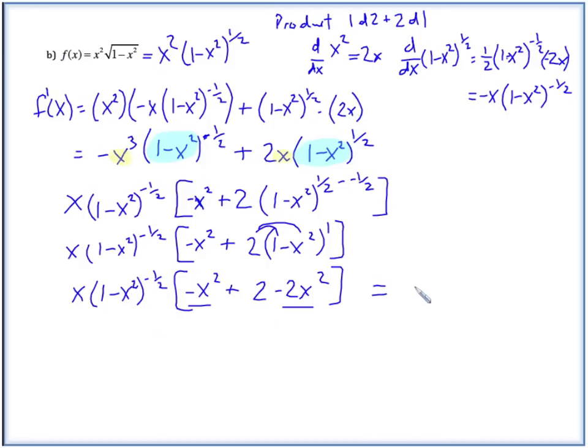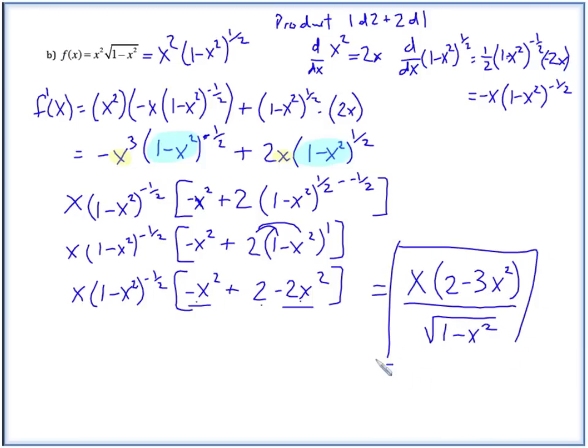So let's go ahead and do that. So we have the x, and this becomes 2 minus 3x squared. So we have the 2 here, and then minus x squared minus 2x squared is negative 3x squared. And then we're going to flip this underneath and actually apply it as a square root. And this, my friends, is our final answer.